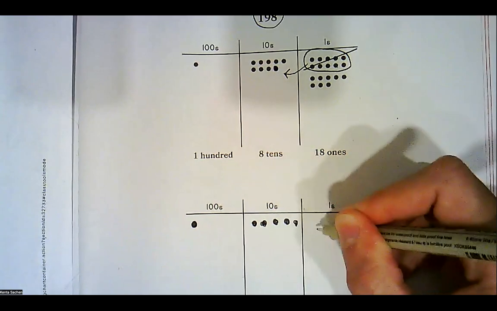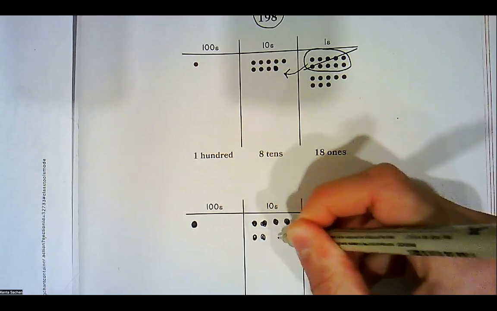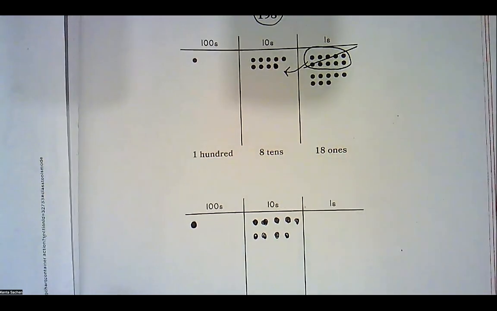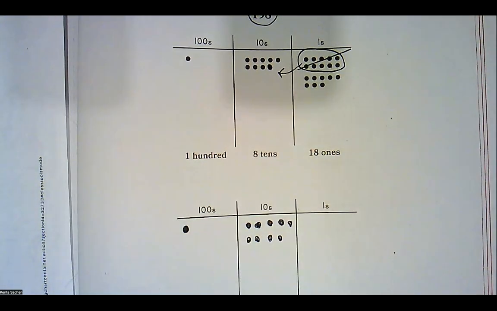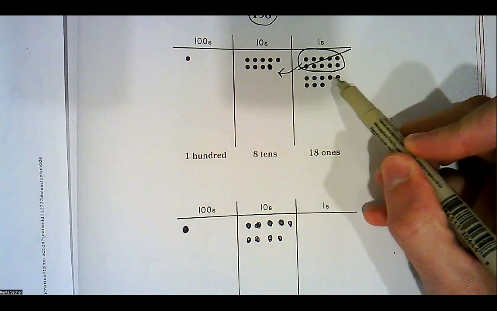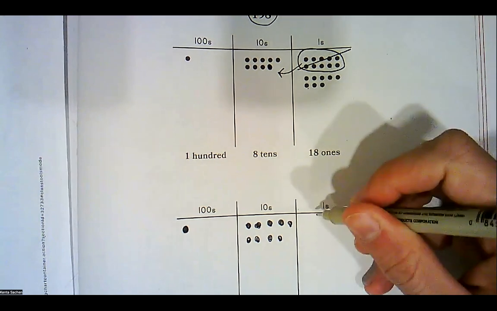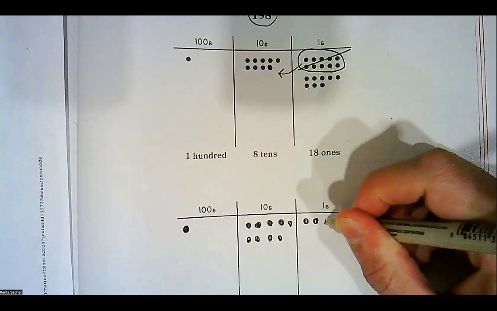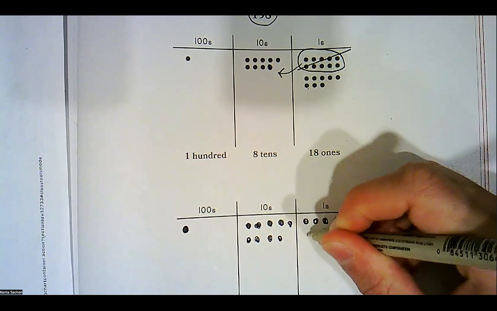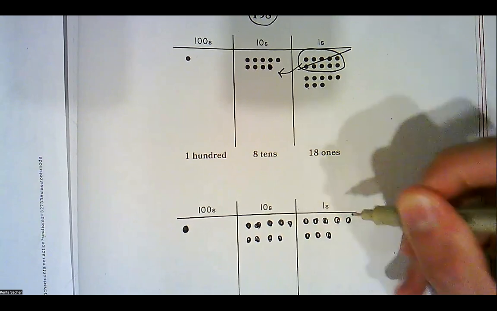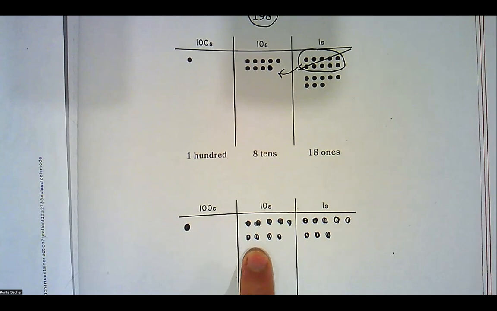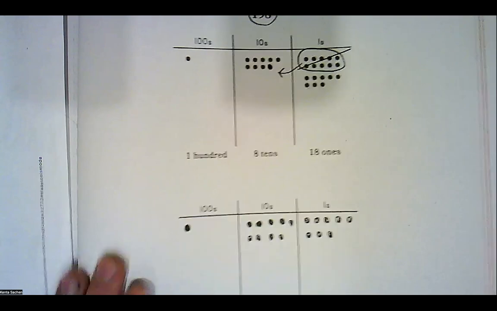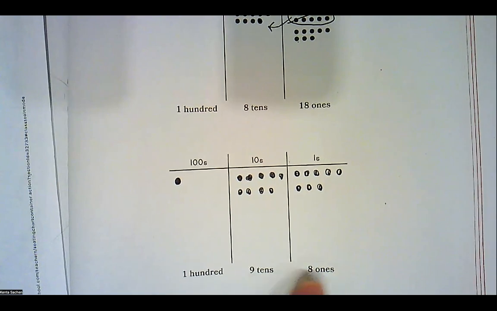And I like to keep mine nice and organized. 5, 6, 7, 8, 9. Now, how many ones do I have after I made that change? I have 1, 2, 3, 4, 5, 6, 7, 8. 8 ones, right? Now I have 100, 9 tens, and 8 ones. 198.